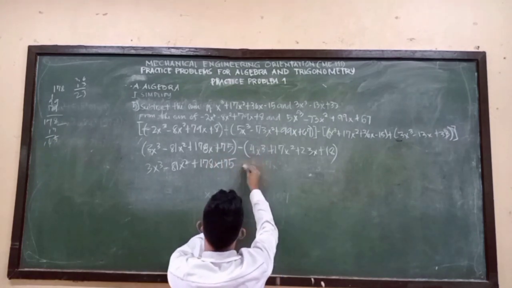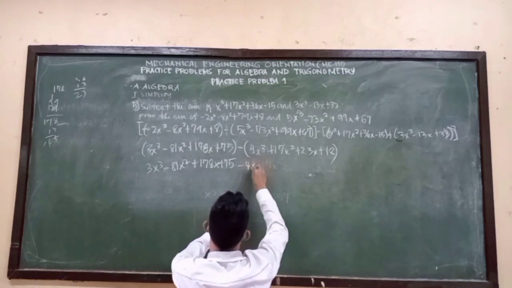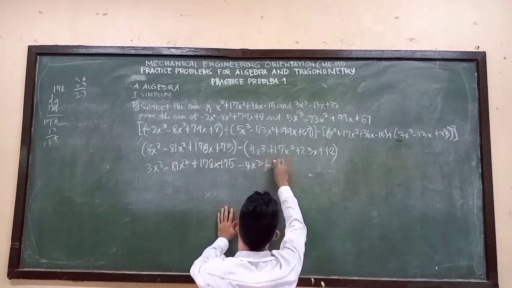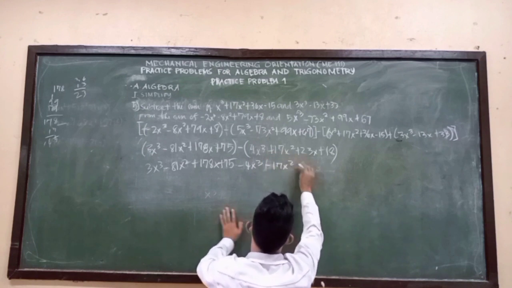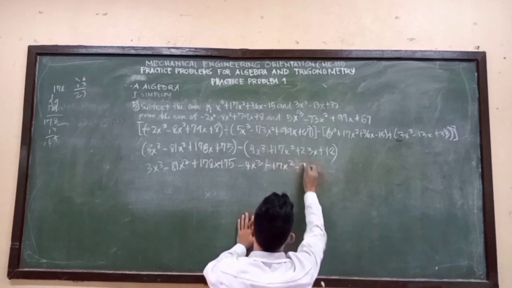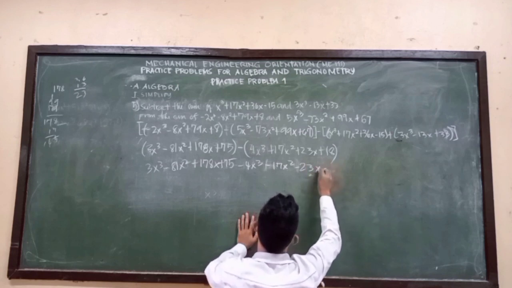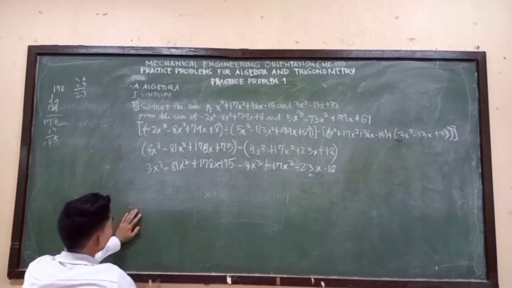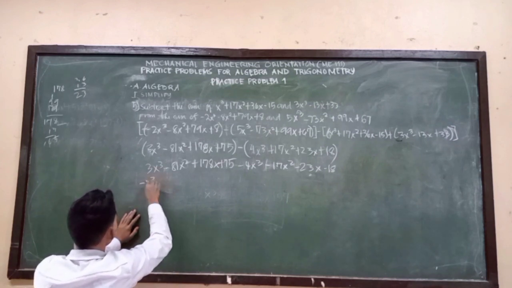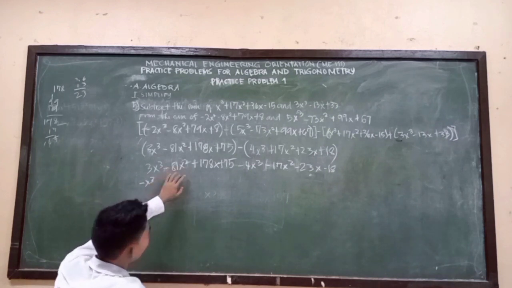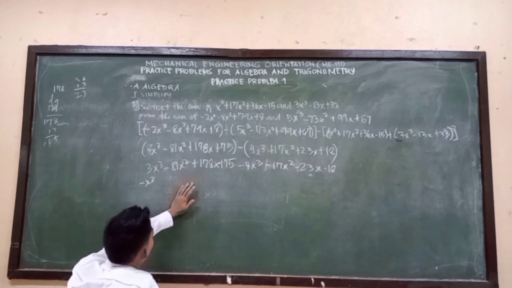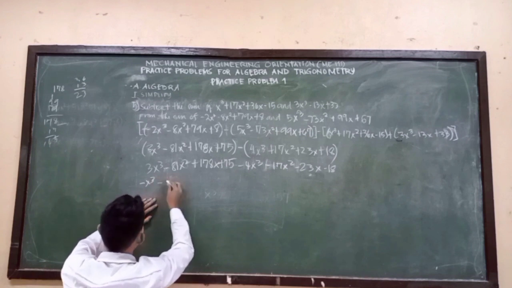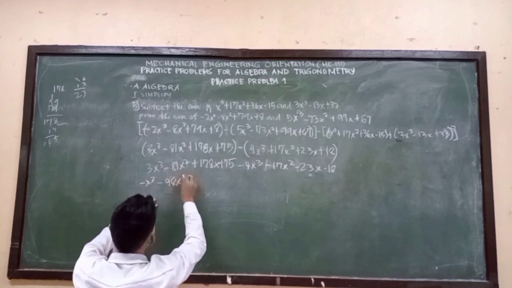I'll convert it into negative 4x cubed minus 17x squared minus 23x minus 18. 3x cubed minus 4x cubed is negative x cubed. Negative 81x squared minus 17x squared is negative 98x squared.